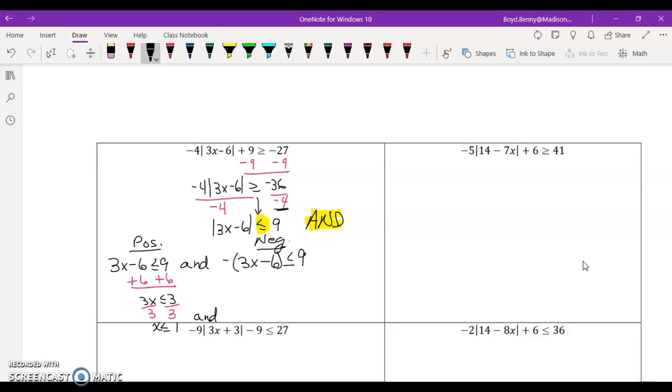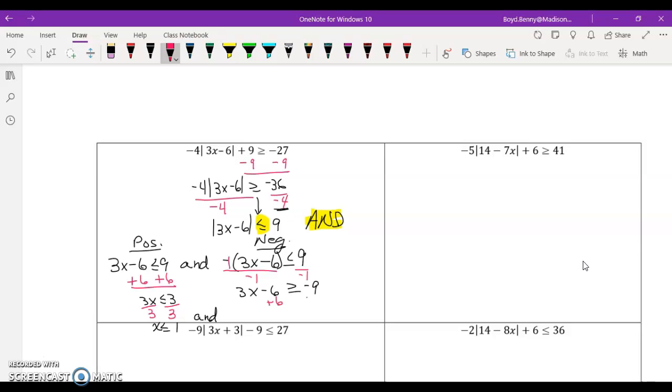And, all right, over here again, I've got a negative 1 out here. So I'm going to divide by negative 1 instead of distributing. That leaves me with 3x minus 6 is greater than or equal to, don't forget to flip it because we divided by a negative, greater than or equal to negative 9. And then again, I'll isolate the variable.